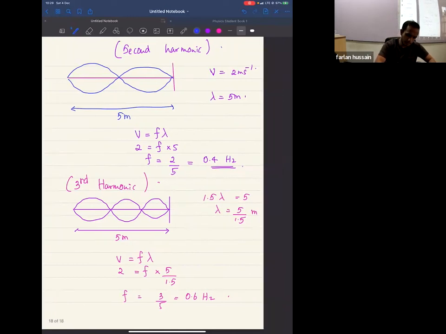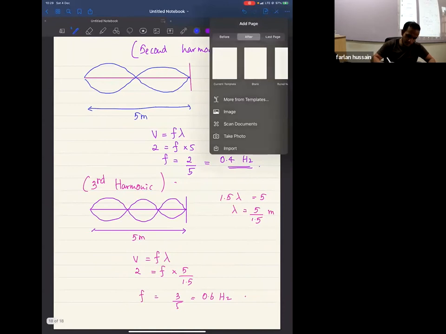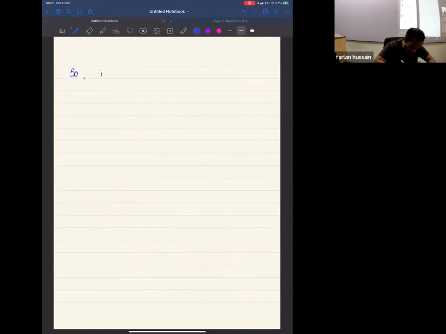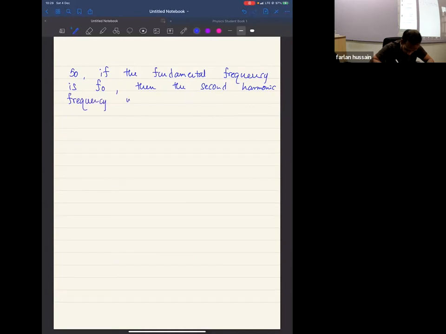Okay, then continue your note. So if the fundamental frequency is F naught, then the second harmonic frequency will be 2F naught.